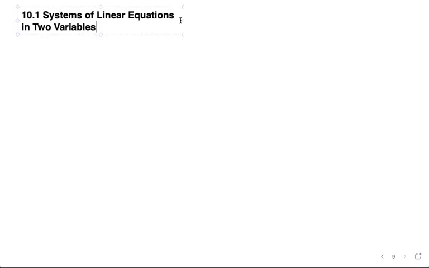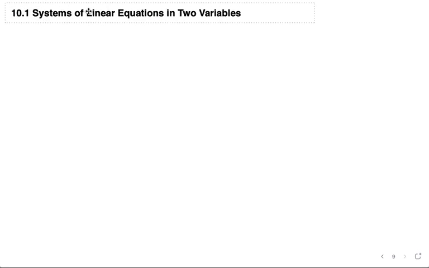Now we're going to the last section in this book, in this material, is 10.1, the system of linear equations in two variables.